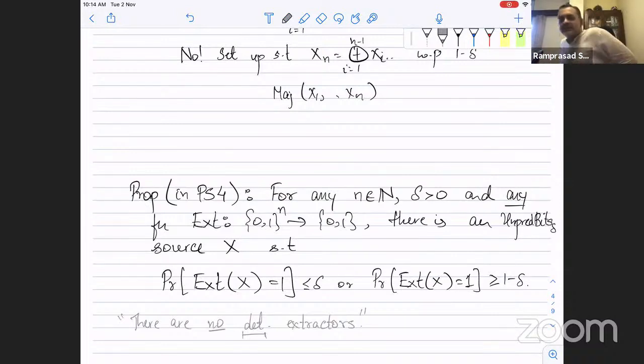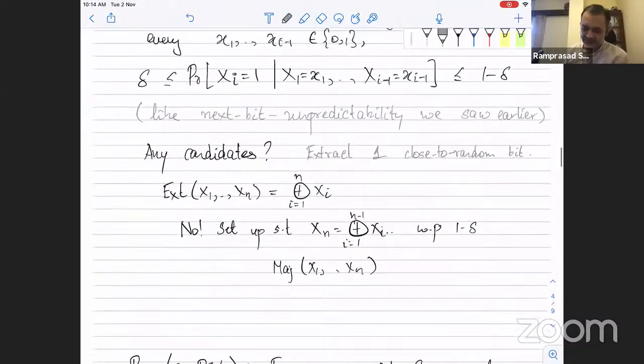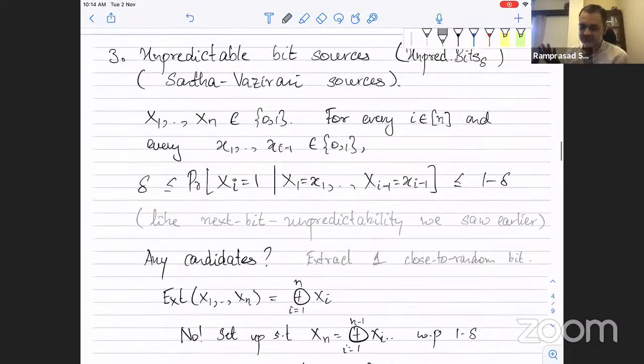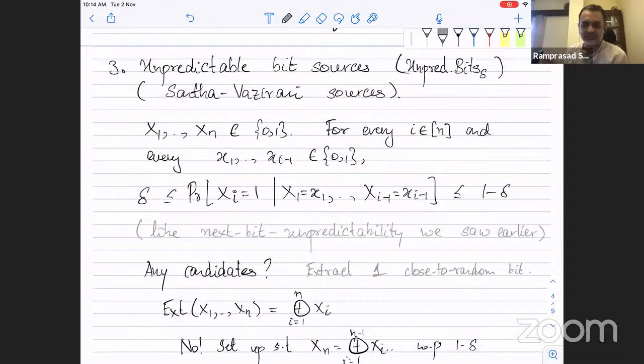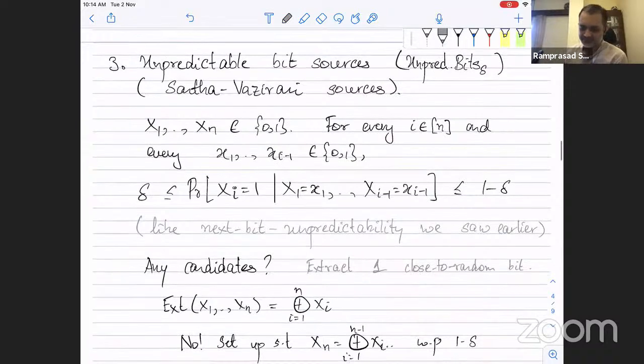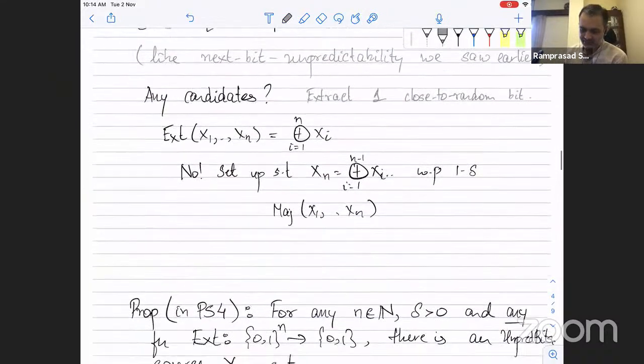But at least with the definition that we have right now, these extractors don't exist, even though the Santha-Vazirani source seems to be a very natural source. One would say that there is a good amount of randomness present in them, but you just can't hope to extract random bits from them, because there is enough richness in the source to fight against any possible extractor construction you could come up with. Okay.